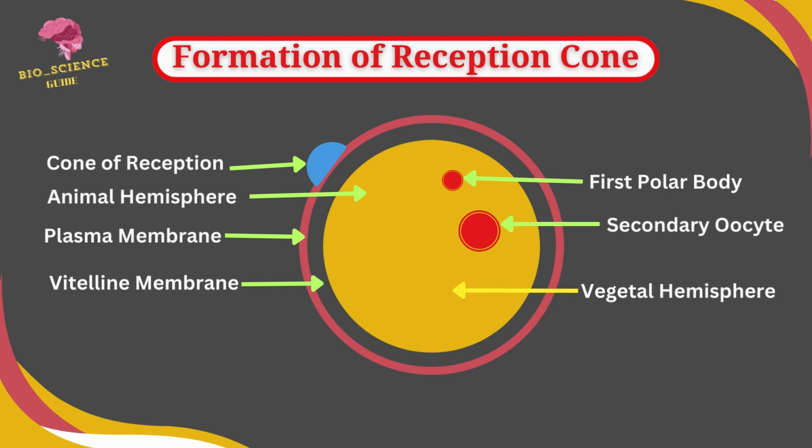The center of the animal hemisphere is called animal pole, and the center of the vegetal hemisphere is called vegetal pole. At the animal pole, there is a formation of a small protuberance or outgrowth called cone of reception.